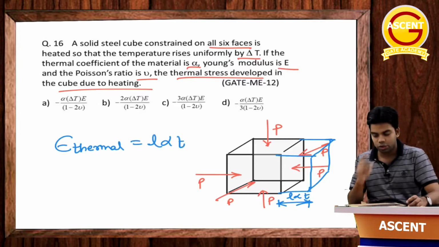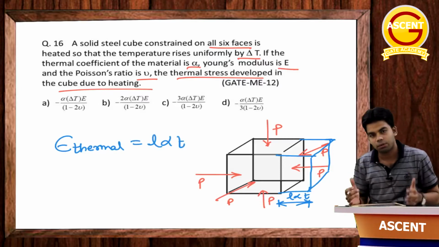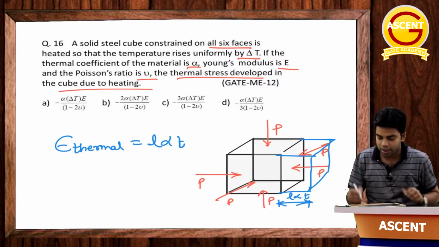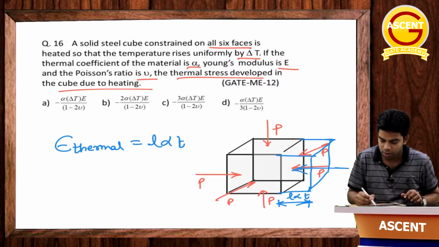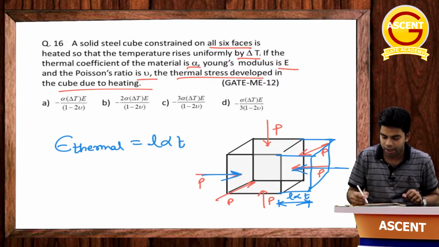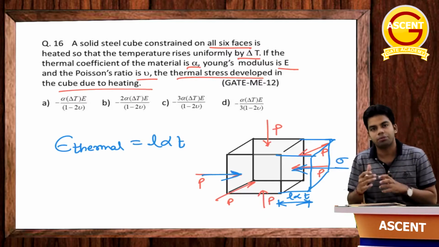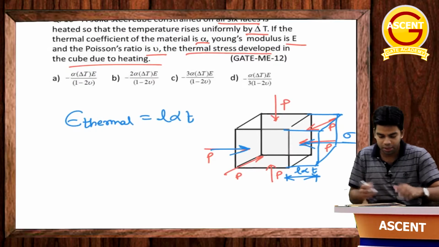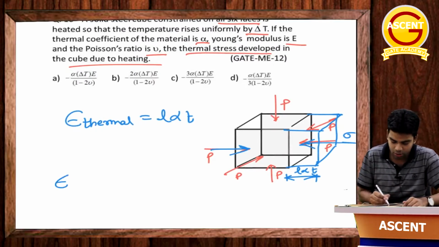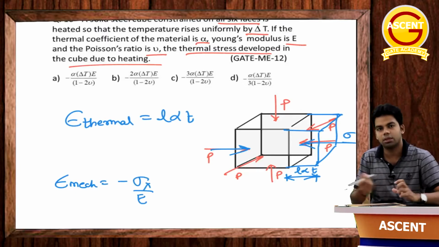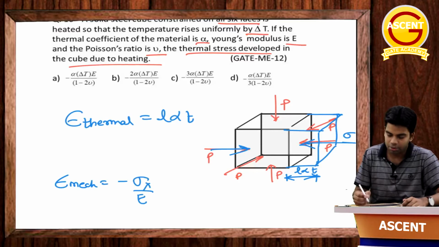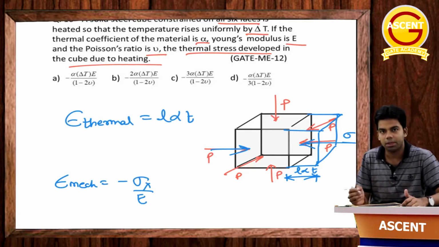Okay, but in actual case it is not expanding, it is constrained from all the directions, and because of that constraint it is applying a force P from all the ends, or the stress sigma from all the ends, and because of which there will be the mechanical strain, and magnitude of that mechanical strain as we know will be equal to minus sigma x upon E. Because of sigma x there will be a linear strain in x direction, and because of sigma y and sigma z there will be lateral strain.